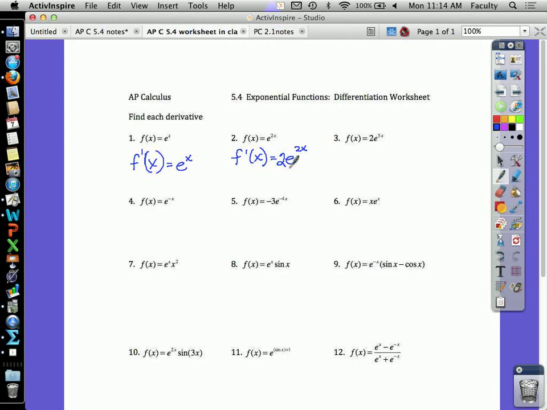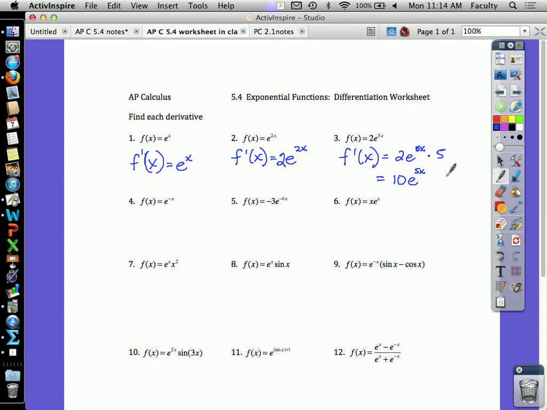f of x equals 2e to the 5x. Are you guys getting 10e to the 5x? Notice that this was not the product rule because it's 2 times. It's just a constant.